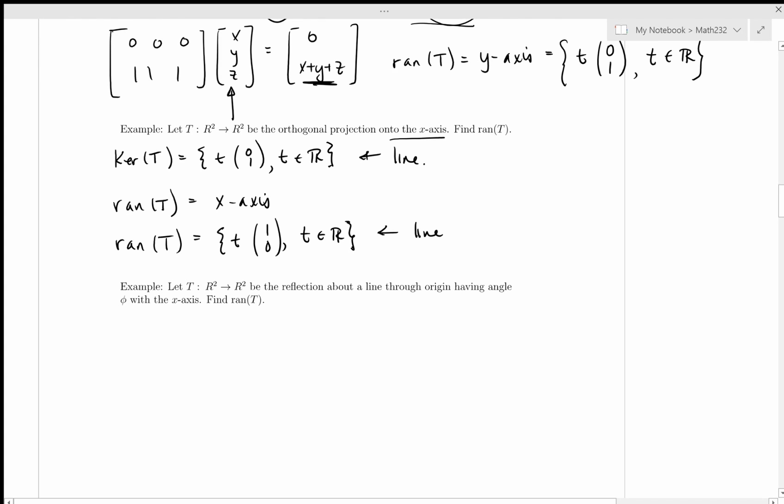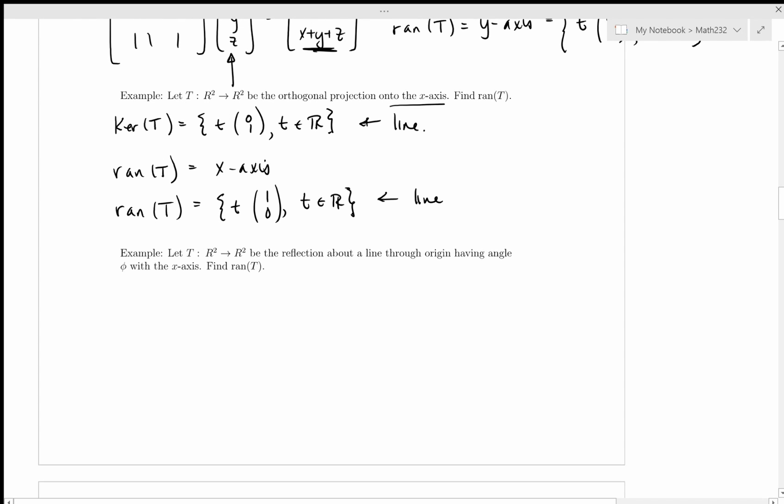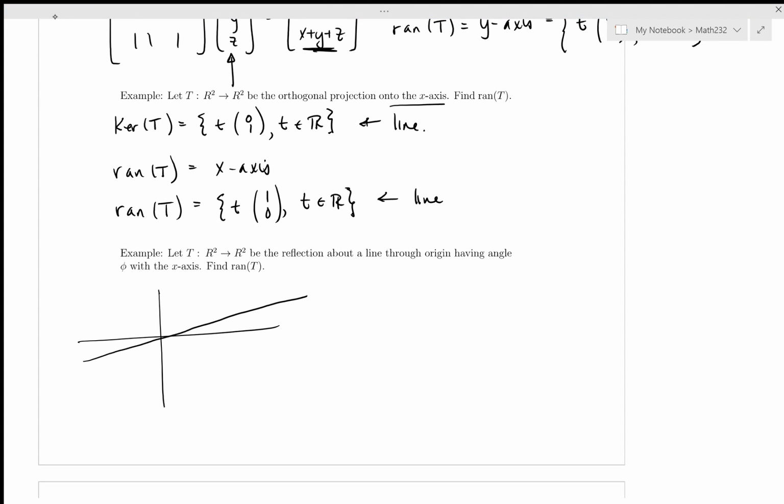Okay, third example. Now we're going to have a reflection about a line through the origin. I'm going to claim here we have some line like that, and then we consider all the vectors in R2. That line goes through the origin. This angle here is phi, and then we take a vector v and reflect it about the axis.